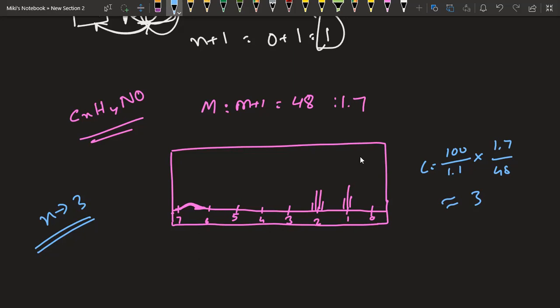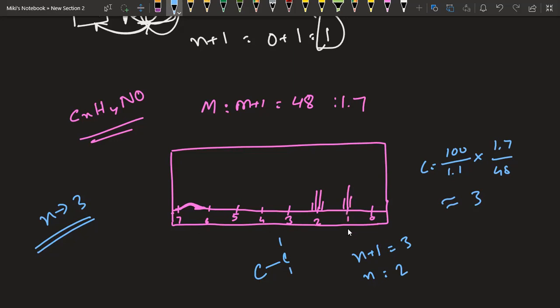Nonetheless, let's do it manually. Here we have 3 peaks, and we know n plus 1 is equal to, in this case, 3. That means n should be a value of what? 2. That means if this is the position of that carbon, the adjacent carbon should have how many hydrogen? 2 hydrogen. Okay, that's basically what it is suggesting.